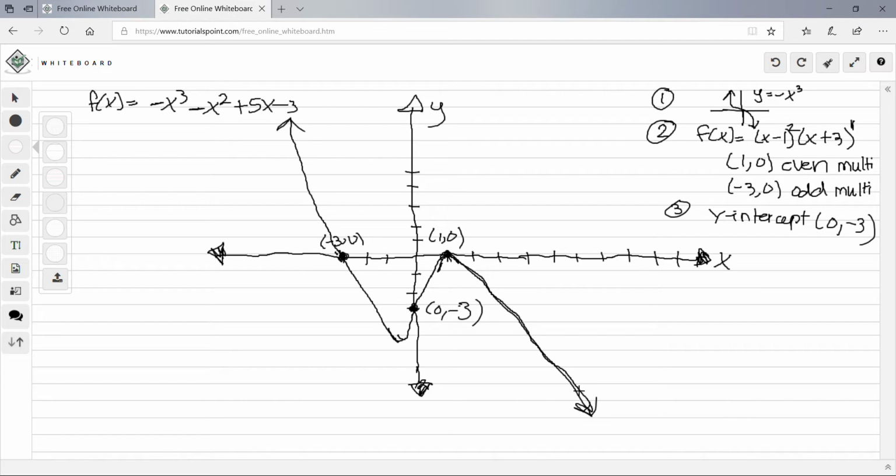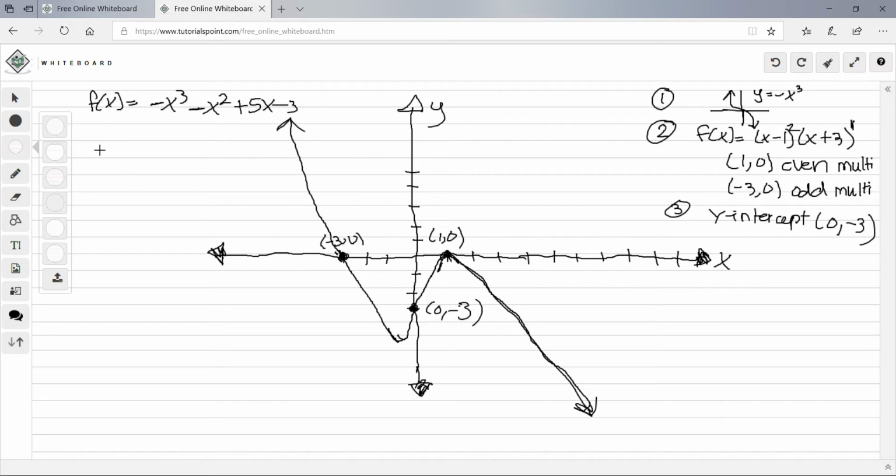So this is what your polynomial f of x equals negative x cubed minus x squared plus 5x minus 3 looks like. This is how you graph a polynomial. And if you want something more detailed over here, you can plug in f of -1 to get this y value.